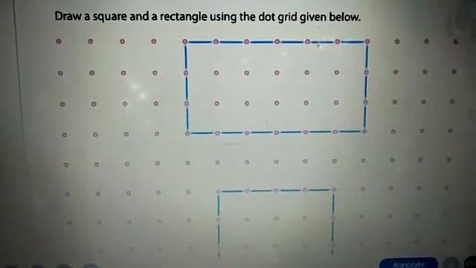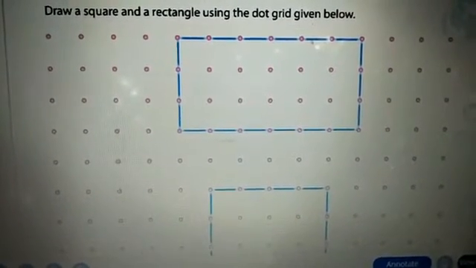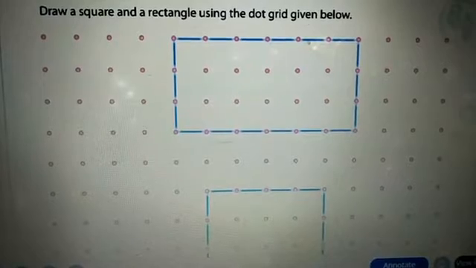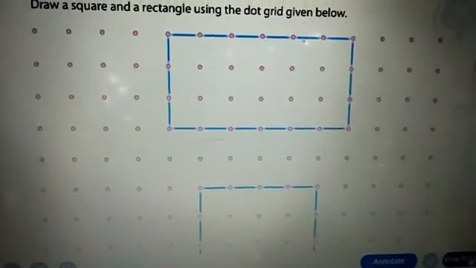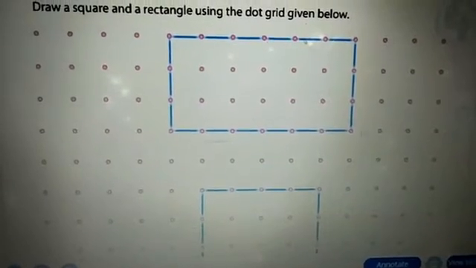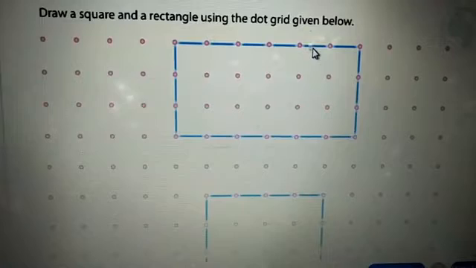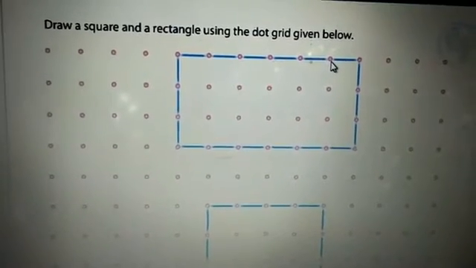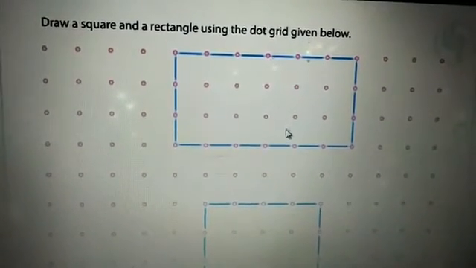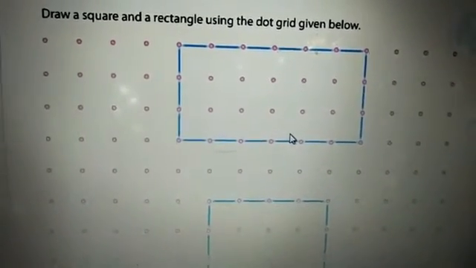I show just an example for you, but as you wish you can make a rectangle and square. You can take more than 7 dots. Okay, so this is only an example for you.